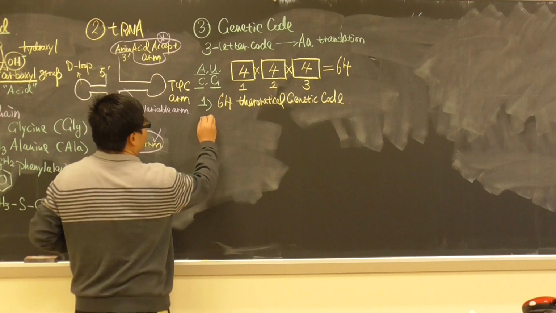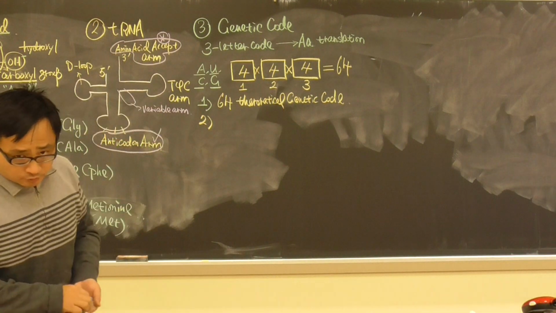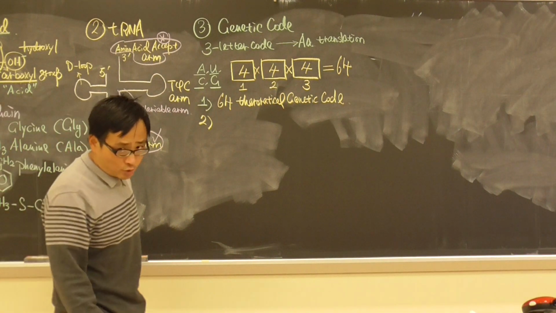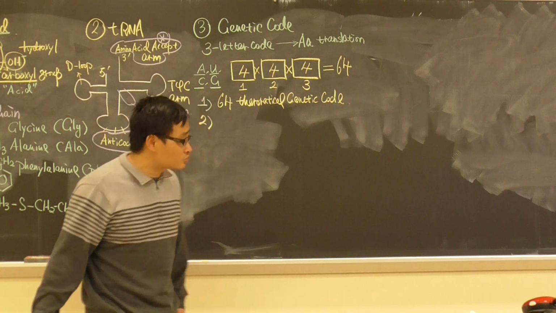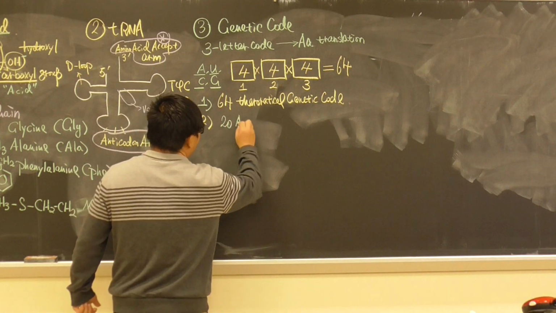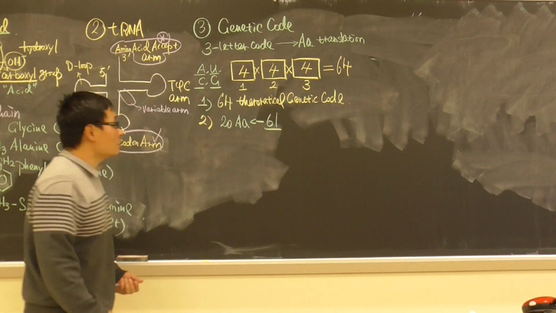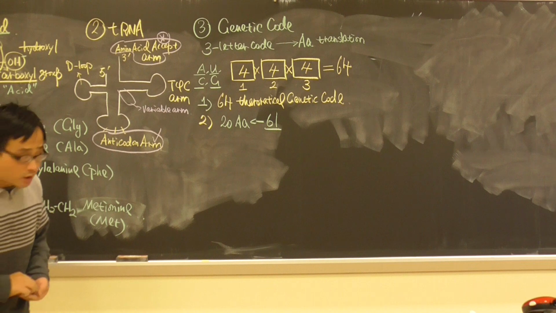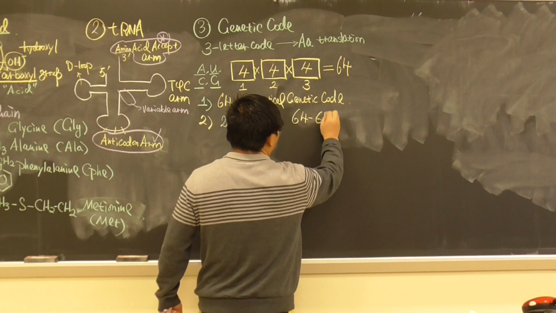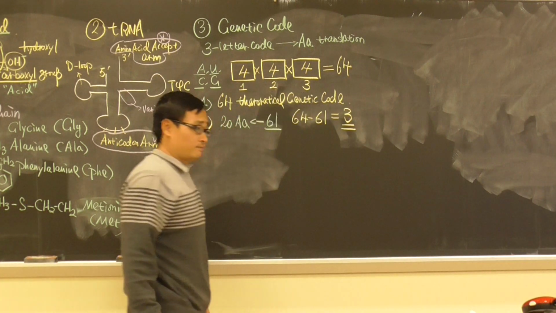Now we have a problem. You will say, Dr. Shen, what I learned in high school biology, or Biology 101 in my undergraduate class, is that there are 20 amino acids and 61 genetic codes. How come you come up with 64? So let's talk about this. 64 minus 61 equals 3. What are these 3 extra?